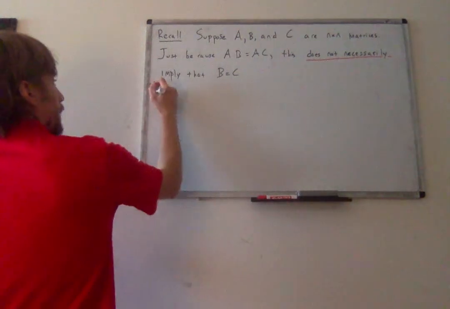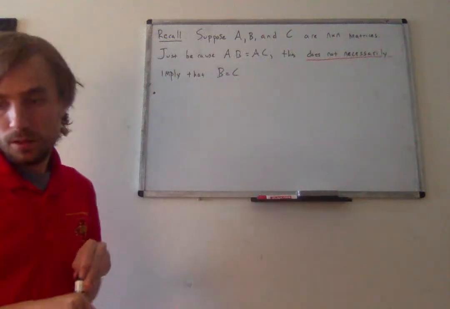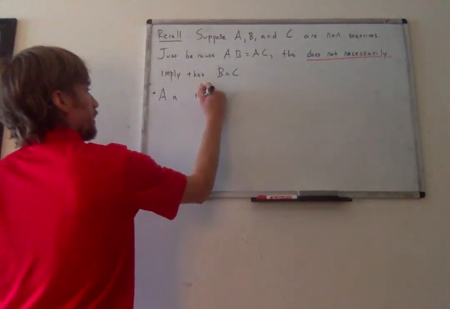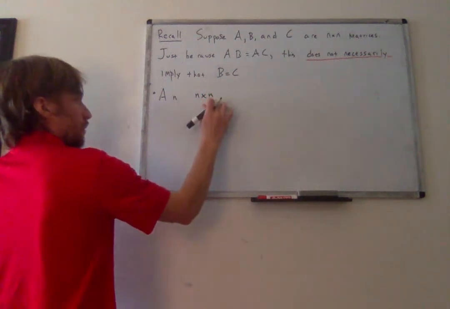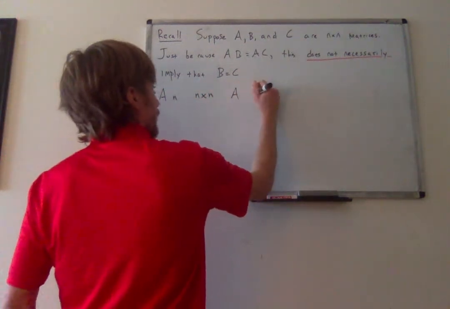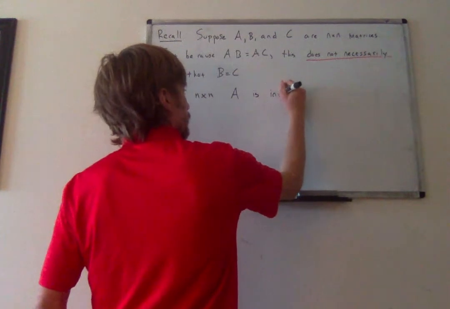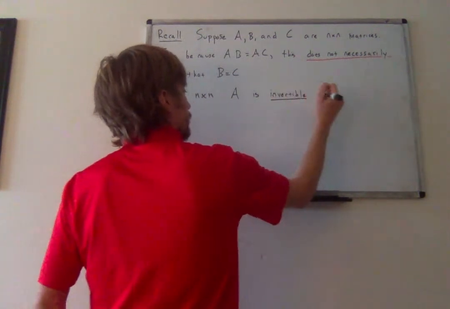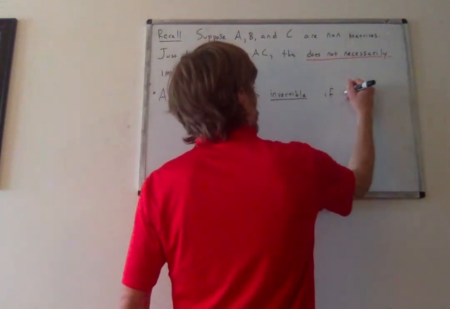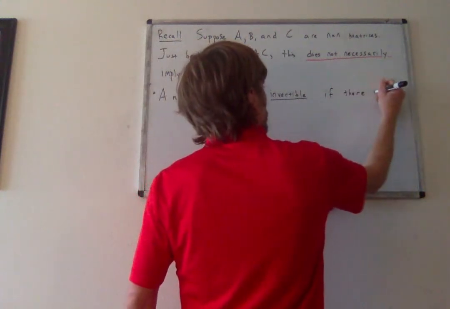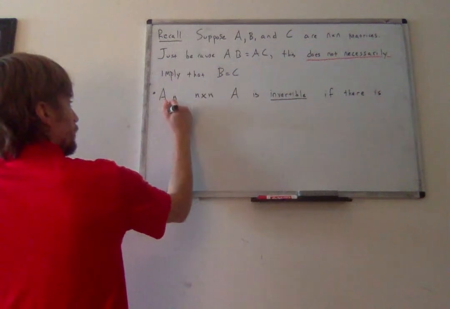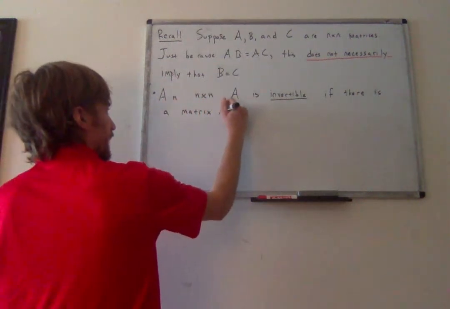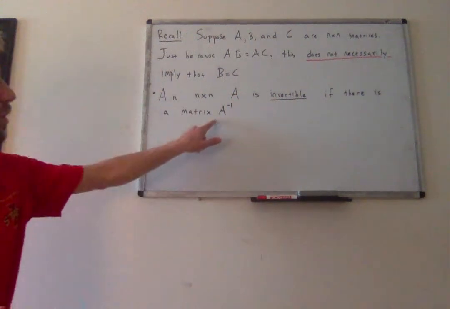So we say that a matrix A is invertible. And it specifically has to be a square n by n matrix. A is invertible if there is a matrix, and we'll denote this matrix A inverse, so just A to the negative 1.